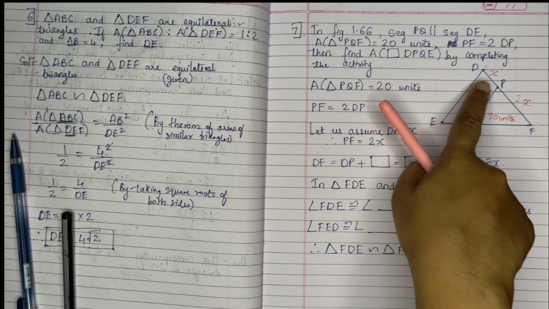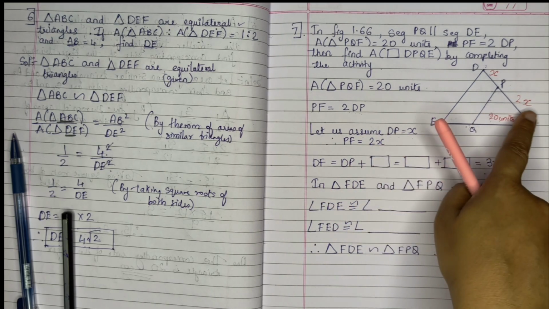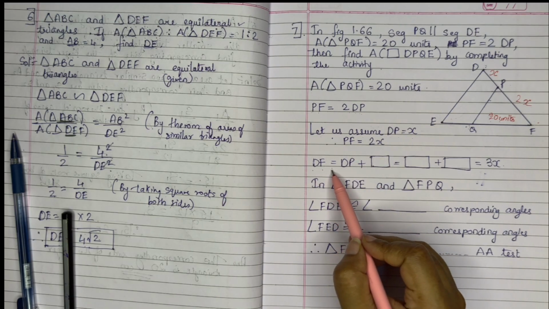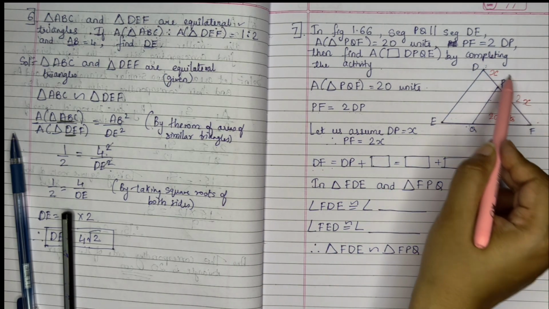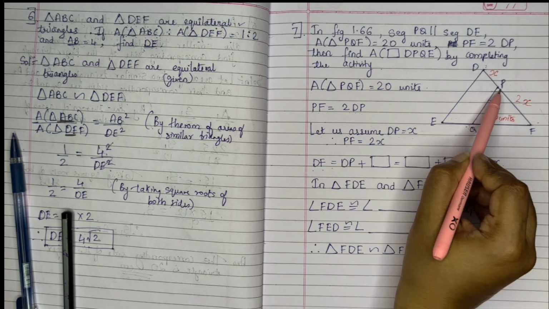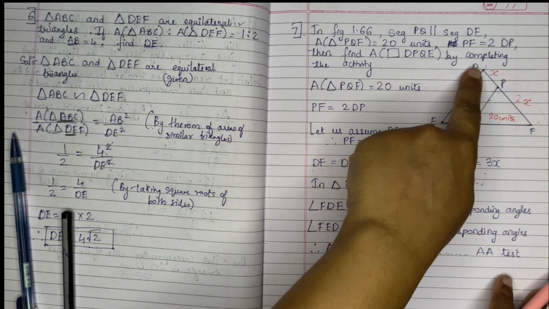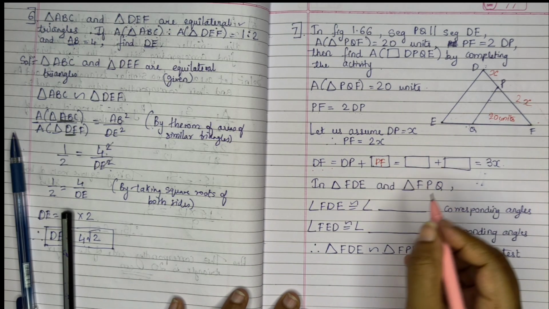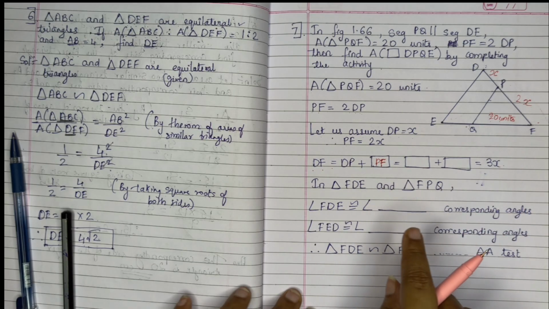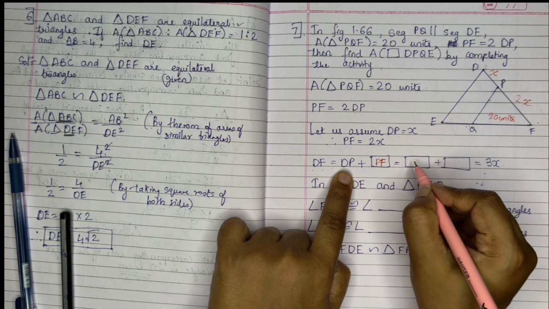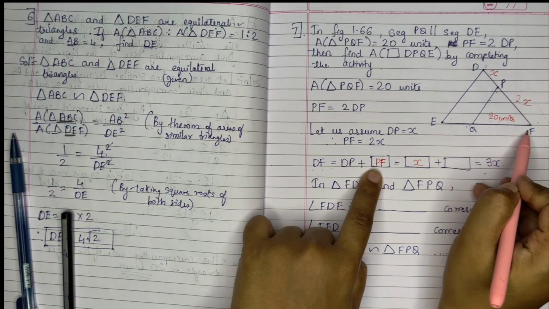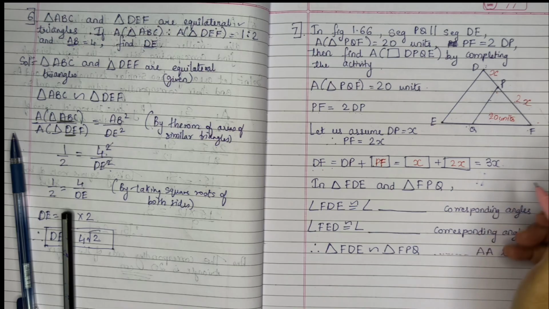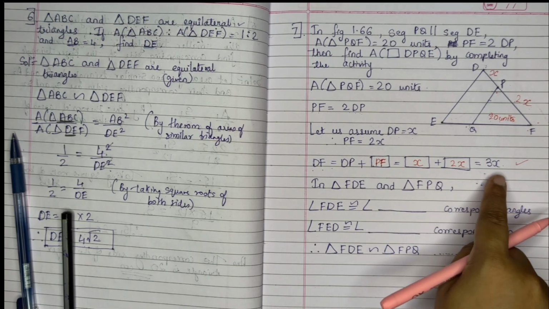Now DF is equal to DP plus PF. DP is X plus PF, which we got as 2X. So X plus 2X is equal to 3X. Understood?